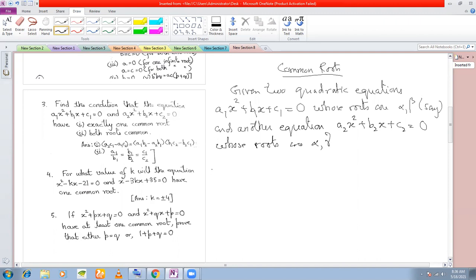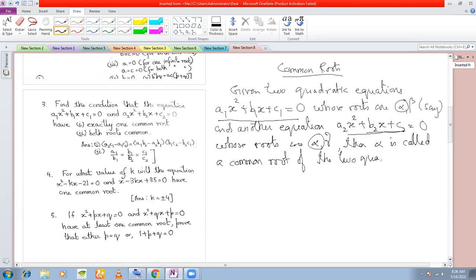If you see, the roots of the first equation include alpha, and the roots of the second equation also include alpha, then alpha is called a common root of the two equations.